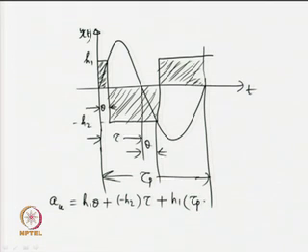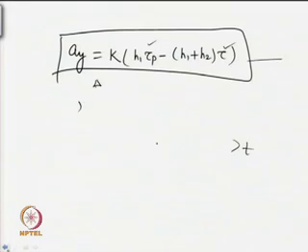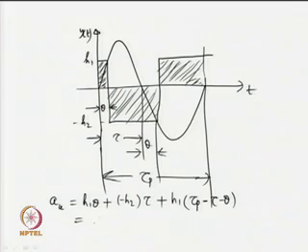So, tau p minus tau minus theta. So, when this is simplified again, what do we get? The expression for the A u is h 1 tau p minus h 1 plus h 2 tau.